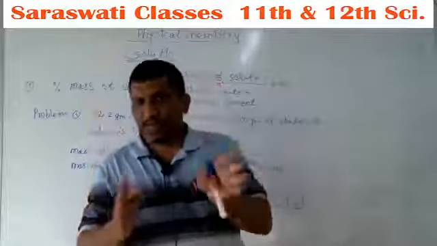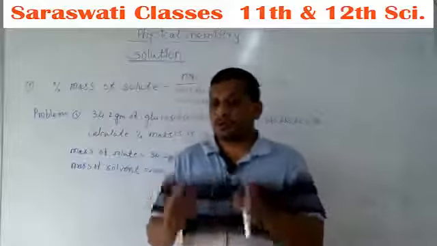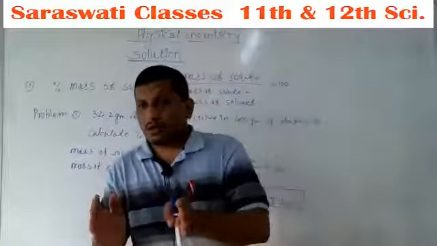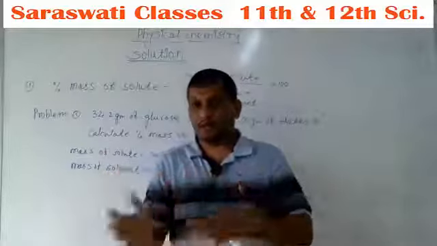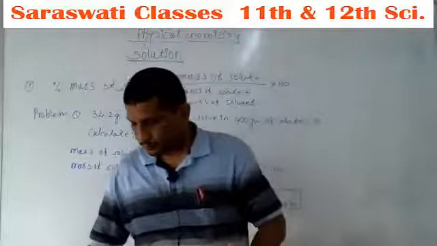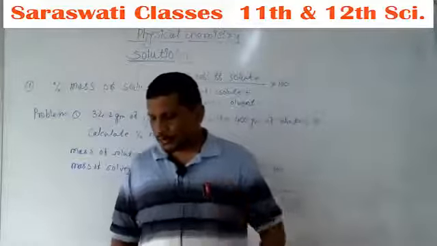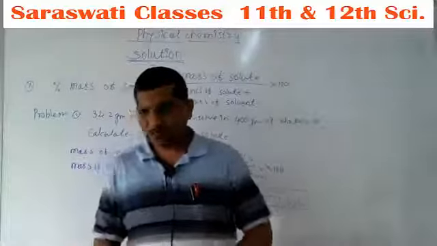But percentage of mass of solute calculated by volume depends on temperature. If temperature rises, the volume varies. Here is also one example, but it's not essential because of lack of time.